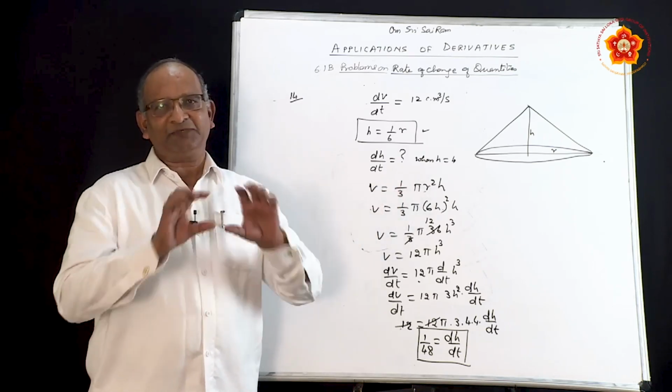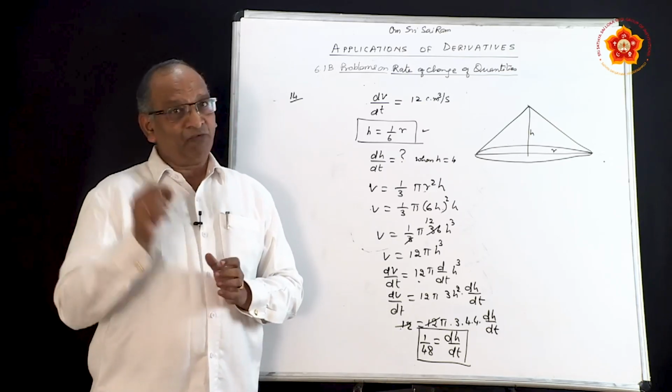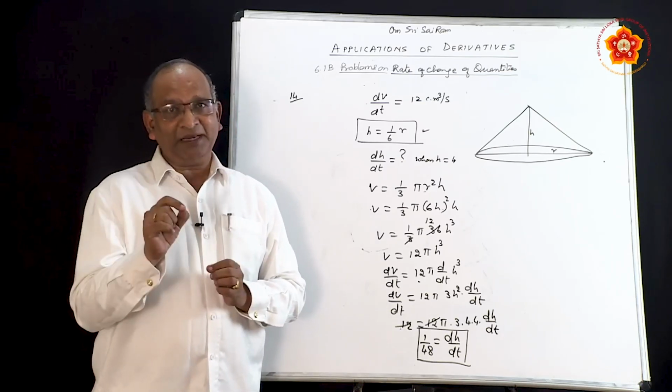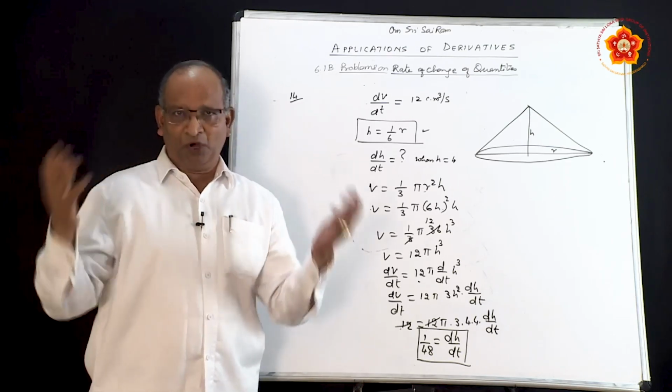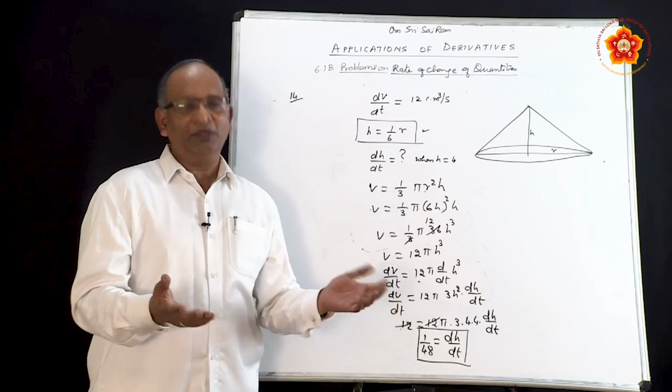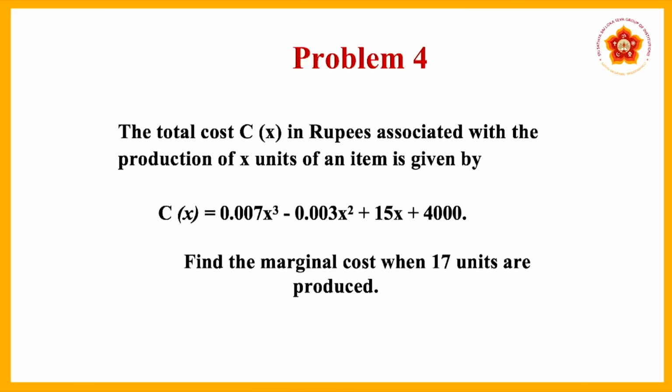All that he has brought out in the form of an equation. And what is the variable here? The variable is the number of items you are producing, because if you produce more, the cost will be more. If you produce less, cost will be less. The problem goes like this: the total cost in rupees associated with the production of x units of an item is given by a function. He says find the marginal cost. So, let us look at this.